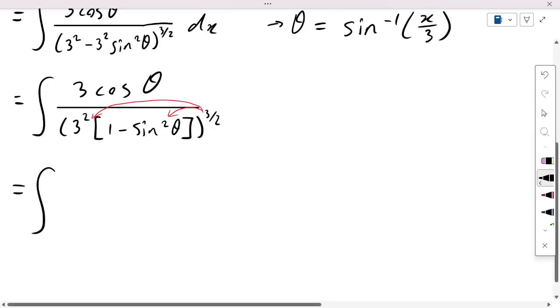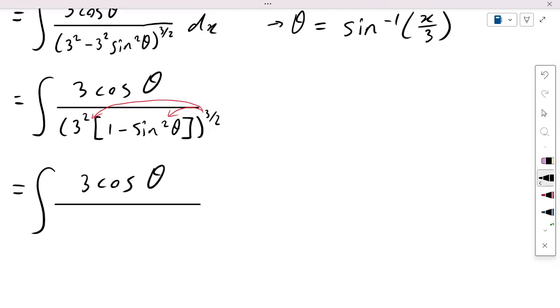So this is the integral of 3 cosine theta divided by, and then we're going to have, let's just write it here, 3 squared, which can also be written as 3 to the power of 2 over 1, raised to the power of 3 over 2.